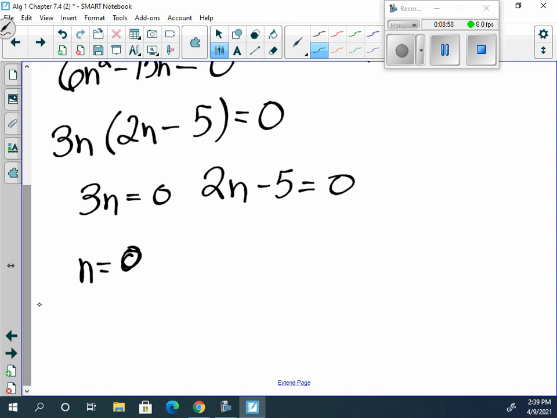Now we do need to solve the other one, 2n minus 5. So what can we do first? We can add 5 to both sides.